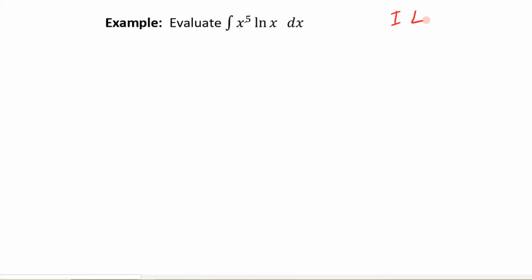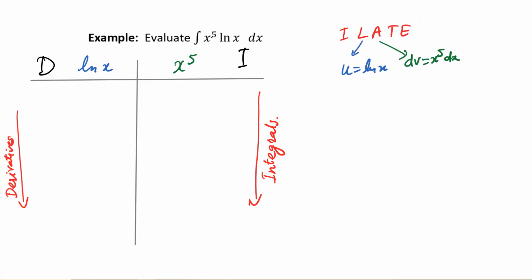So using our ILATE, we have to choose our u and dv. Our u should be our logarithmic term, so u should be ln x, and our dv should be algebraic, so dv should be x raised to power 5 dx. So we set up our table.